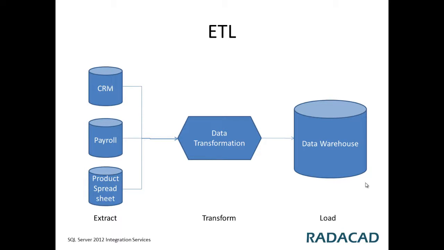In the business intelligence and data warehousing world, we need to get information from different systems. For example, a company might have a CRM system, payroll system, product spreadsheet, any other source system, and as an ETL developer, as someone who develops the structure of extracting this information and loading it into the data warehouse, you might need to apply some kind of transformation.